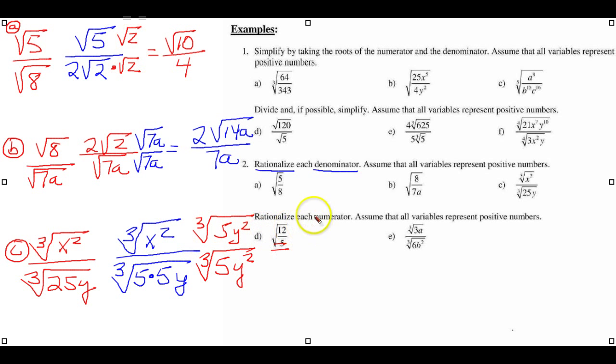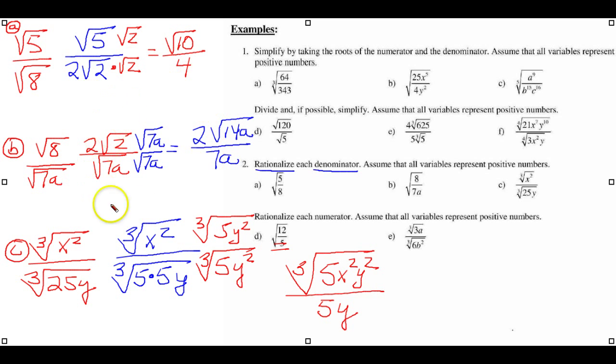So our top now becomes the third root of 5 x squared y squared, all over 5y. This will be 125. The third root of 125 is 5. Y to the third is y. Okay, hopefully this is a strategy now as you look at these.